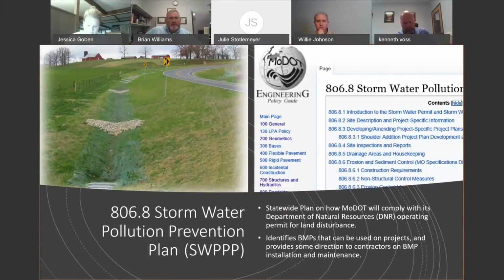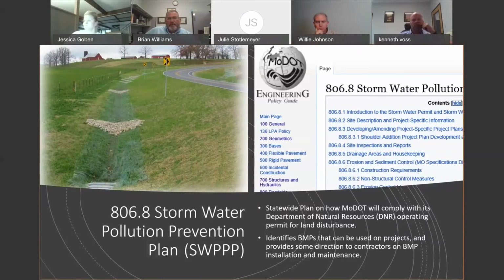So 806.8, still the stormwater pollution prevention plan, our statewide plan on how we're going to comply with the Department of Natural Resources permit and how we're going to protect waters of the state. It identifies BMPs that we'll use on projects and provides some direction to contractors on what BMPs are and how they function and things that we need for them to do.